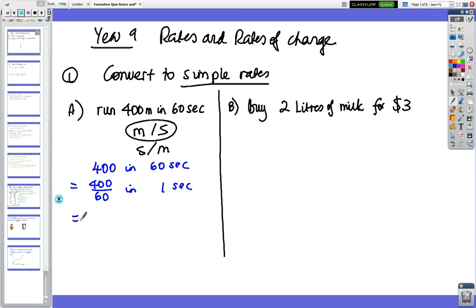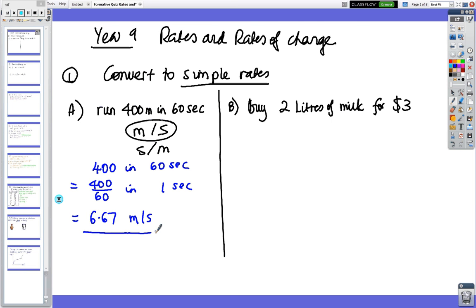On your calculator, 400 divided by 60, so it's 6.67 meters per second. Okay, so that's the first one.